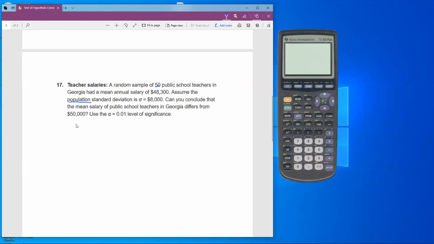And honestly, for real life things, almost nobody ever knows the standard deviation. You almost always use a t-test in real life. But this is a textbook, and we're going to go ahead and assume that this is reality. Sometimes you do know, so it is important to know the difference, but more likely you won't.